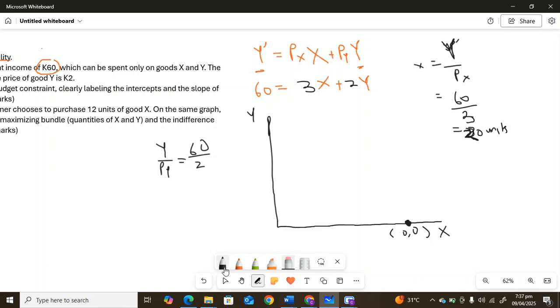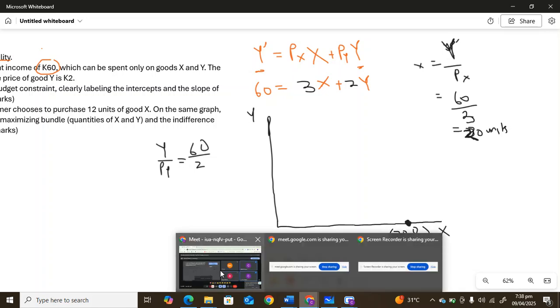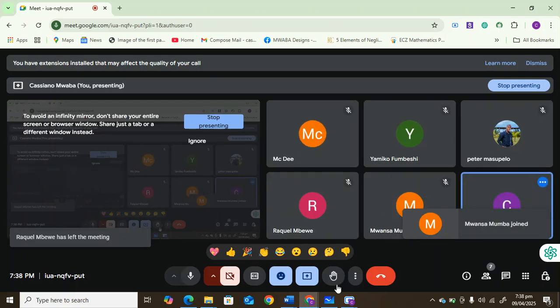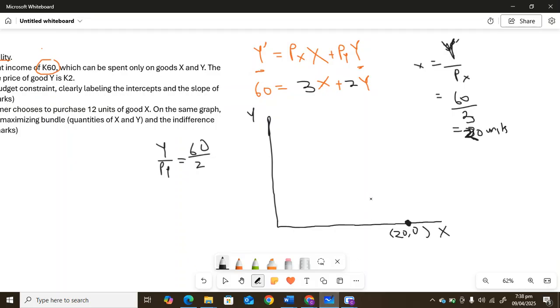So if we only buy good x, we can buy 20 units. Then if we only buy good y, we can buy 30 units. So at our y-intercept, we're buying 0 units of good x and 30 units of good y. All right, and then you just connect the dots.